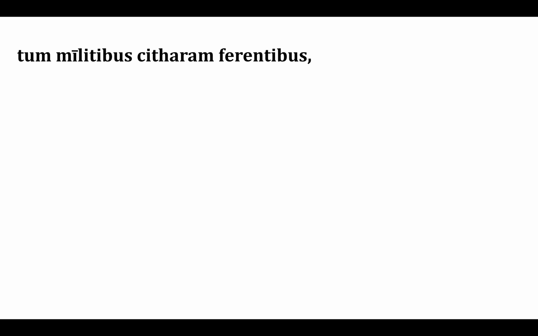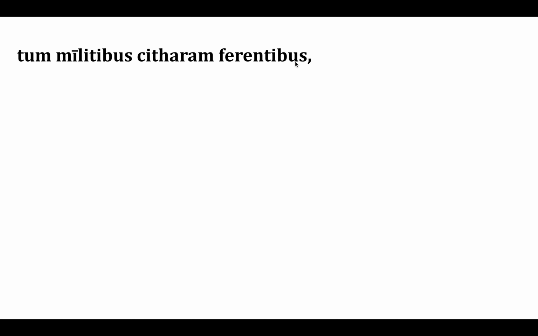Then, next phrase, tum means then. And notice militibus, right? When you look at that, you think, okay, this comes from miles, which is a soldier, and it's ablative plural. So the question is, why is it ablative plural? Well, read on a little bit, you'll see ferentibus. Okay, that's a present participle with that nt in the middle. It's a present participle from fero, meaning I carry.